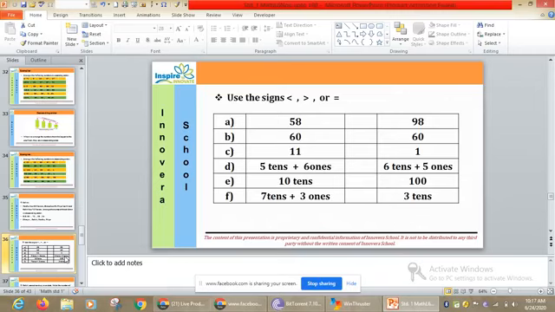So the first numbers are 58 and 98. So which is the bigger number? 58 and 98. So we are going to open the mouth towards the number 98.